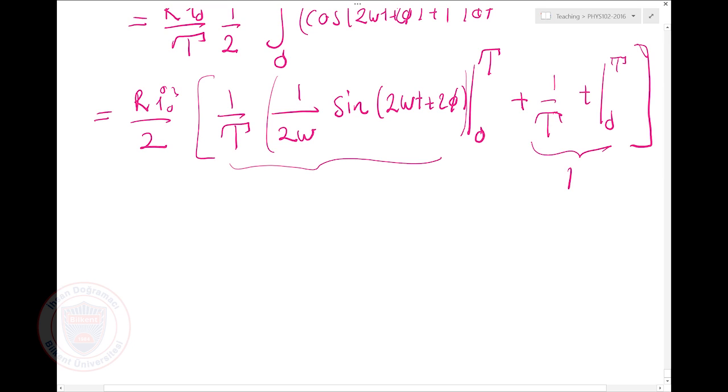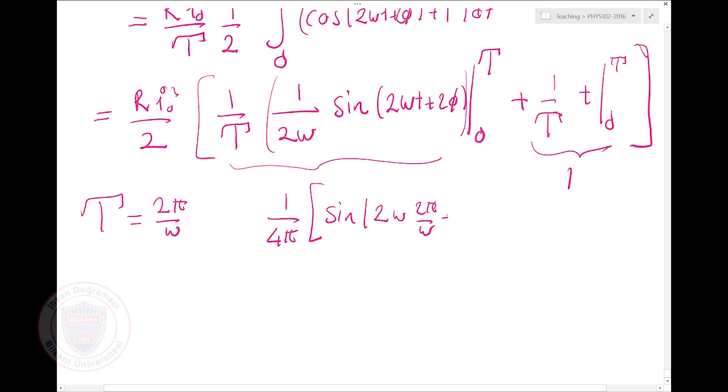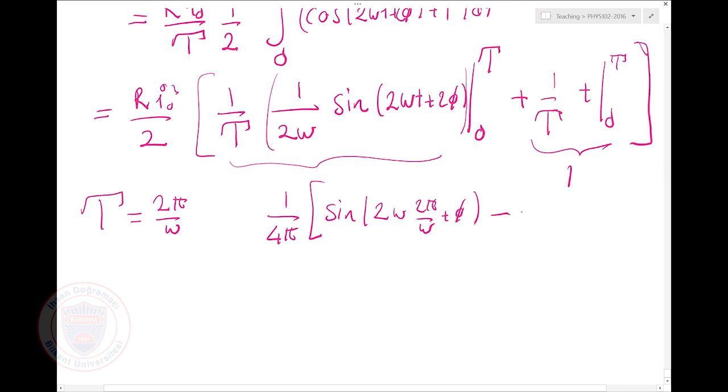How about the other one? It will give me two things. Do we remember what T was in terms of omega? It's 2 pi over omega, right? So what do I have here? I have 1 over 4 pi. In the upper limit, I have sine of (2 times omega times 2 pi over omega plus phi) minus, at 0, sine phi.